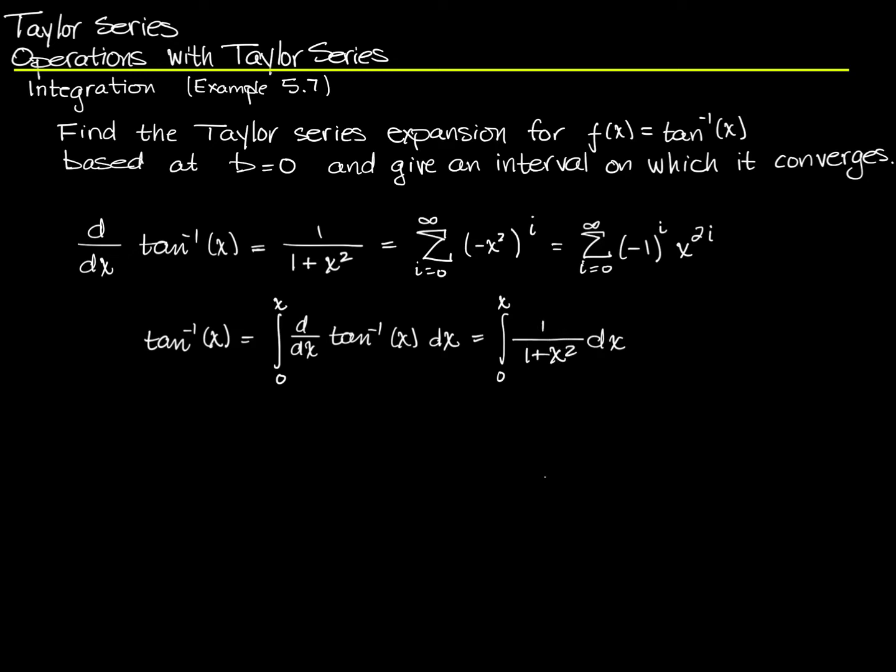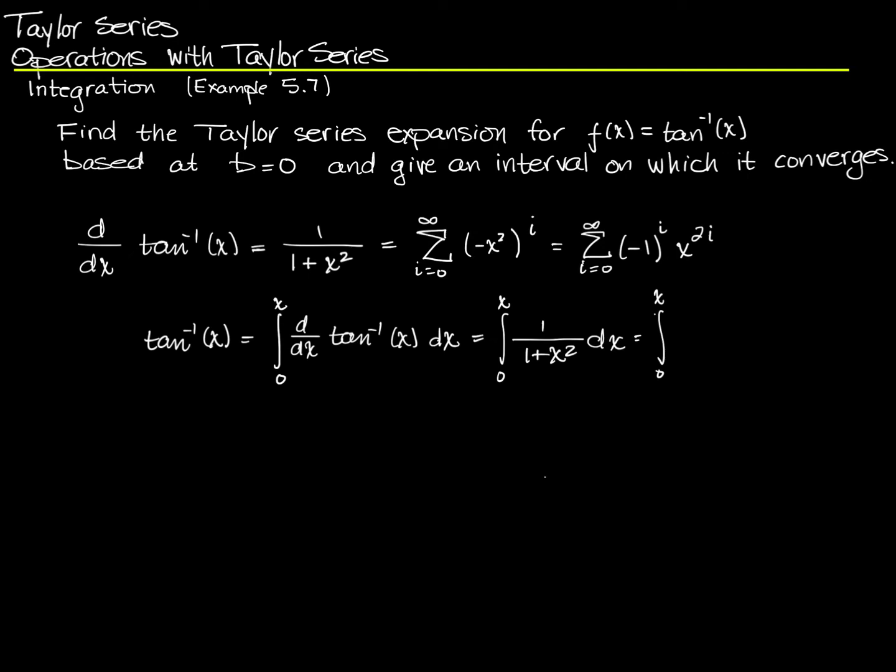So we have to think now of this as the integral from 0 to x of the summation of this thing, and we did this up here, the summation for 1 over 1 plus x squared. The Taylor series for this is either this expression or this expression. And I'm going to use the second of those two expressions.